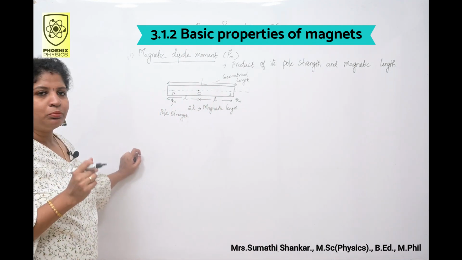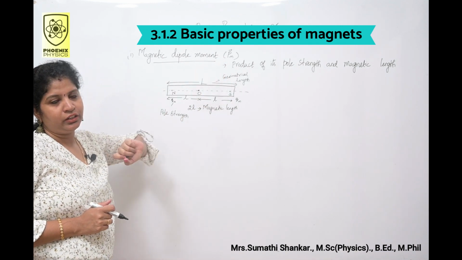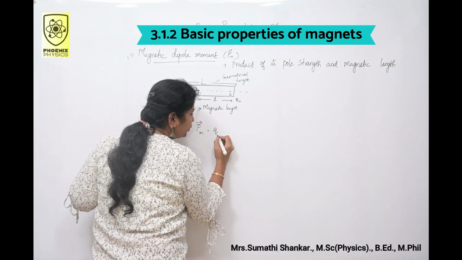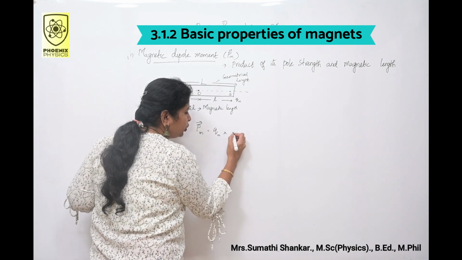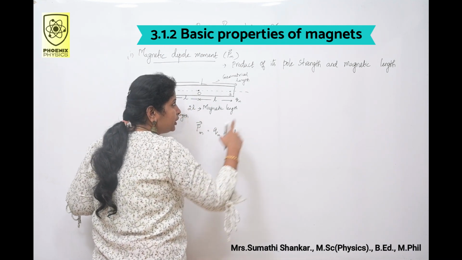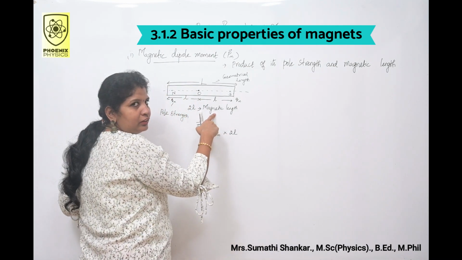It is denoted by the letter Pm. It is a vector quantity. Pm vector is equal to Qm into 2L. Here Qm is the pole strength, 2L is the magnetic length.